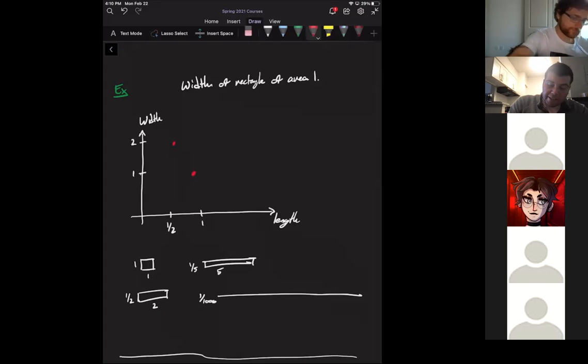Or halving the length again. So maybe we have a fourth, and now the width would have to be up here at 4. So we get some behavior that looks kind of like this.